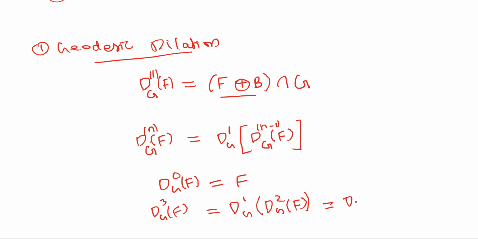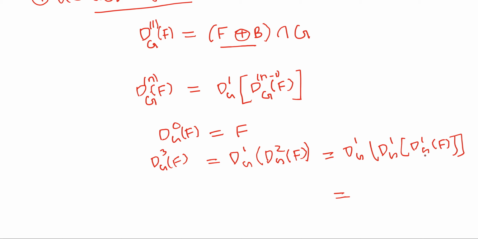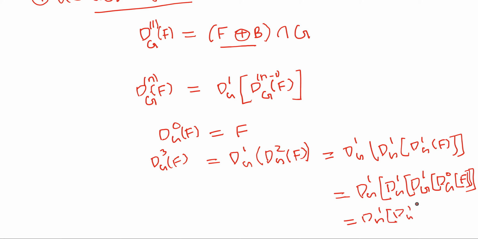If you expand this further, this will be geodesic dilation 1 time on geodesic dilation 1 time upon geodesic dilation 1 time on the image F. But what is geodesic dilation applied 0 times?